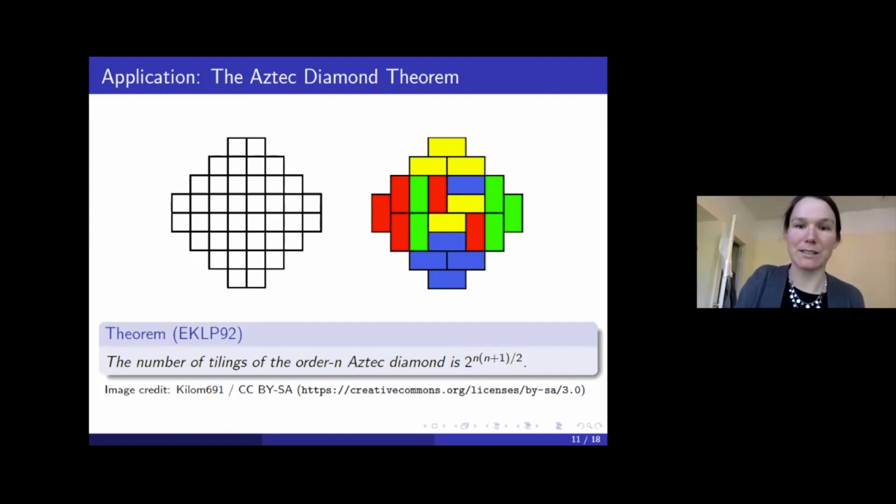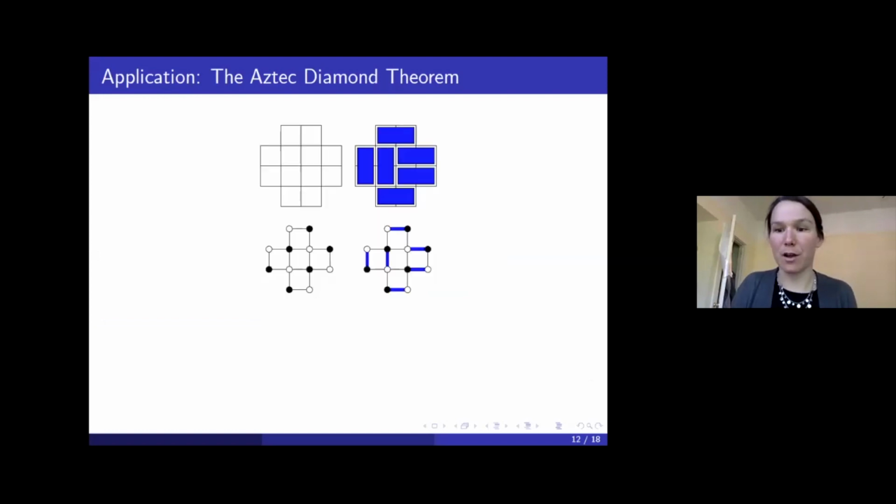So maybe if you haven't seen this before, it might seem a little bit funny that I was talking about perfect matchings of graphs, and now I'm talking about domino tilings. But there's a really nice connection, which is that if you have a domino tiling of a region of squares, that's equivalent to a perfect matching of its dual graph.